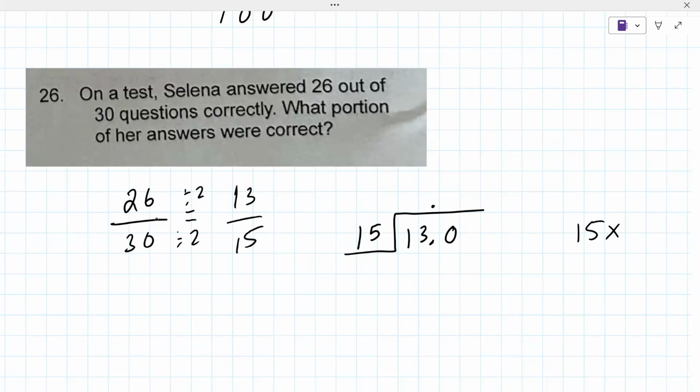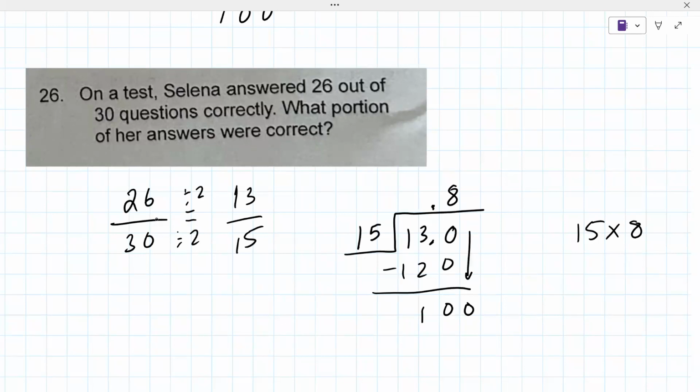So 15, 15 times 8 is 120. That's the good one. 15 times 8, 120.